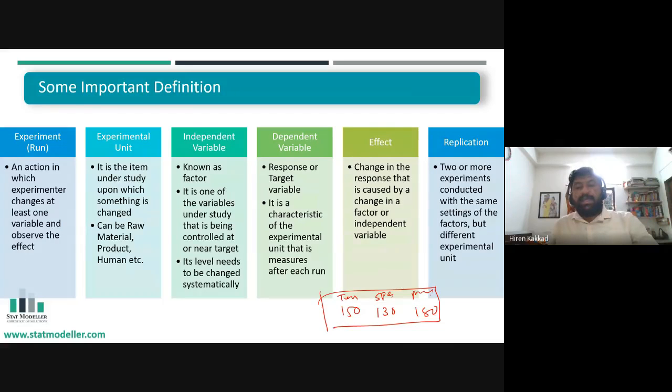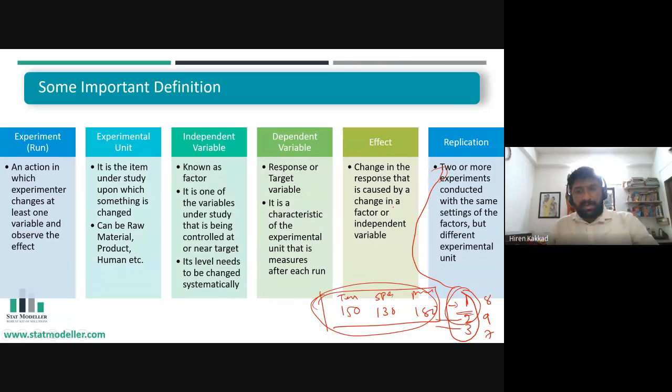This is the setting level of the experiment that I designed, and here I have run one experiment, so that is a single experiment. But let's say with the same setting, I run it 3 times, first, second, and third, and whatever result I get, I note it down. So let's say in the first run I observed 8 DPU, then 9 DPU, then 7 DPU, right? So that 1, 2, and 3 is nothing but the replication.